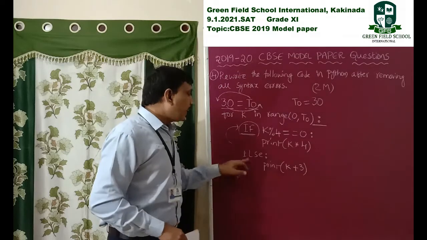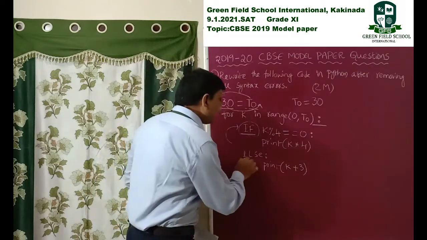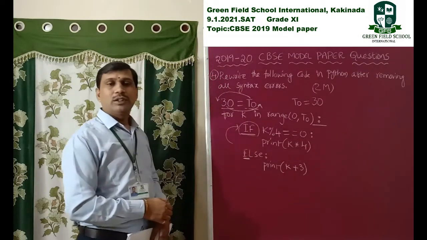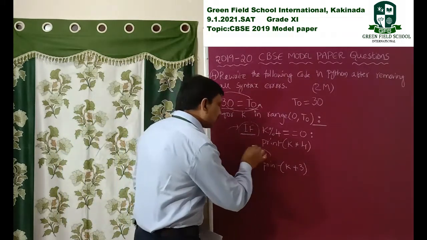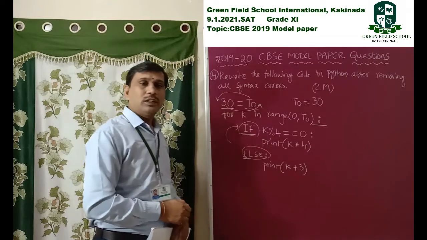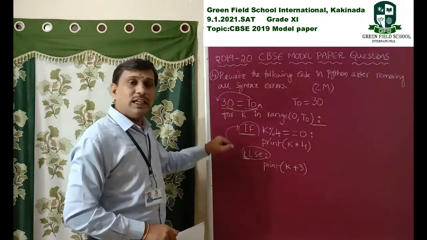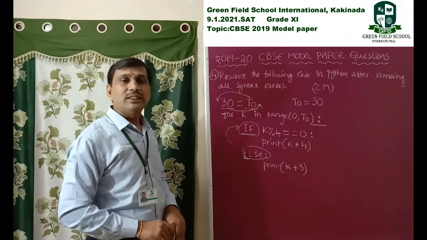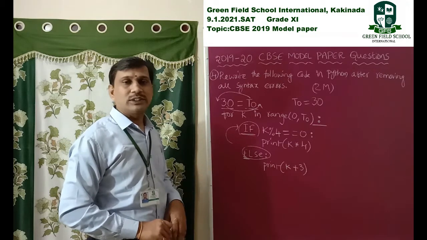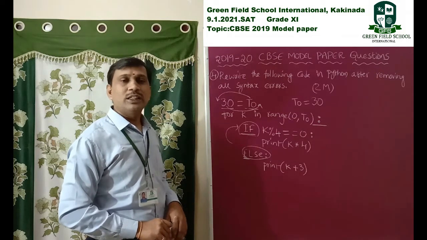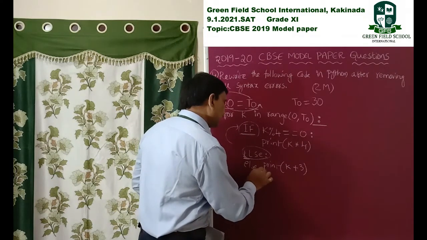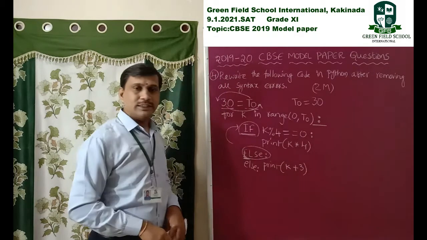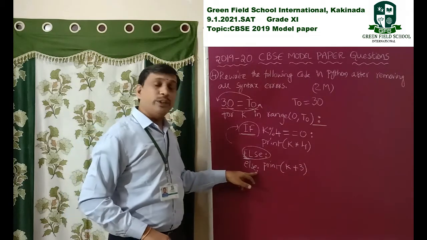Next, coming to the else part. Here else starts with a capital letter. Every time you write Python code, these keywords or reserved words, like if, else, for, while, all start with small letters. So here we require else with a small e, followed by a colon. The colon must be used.